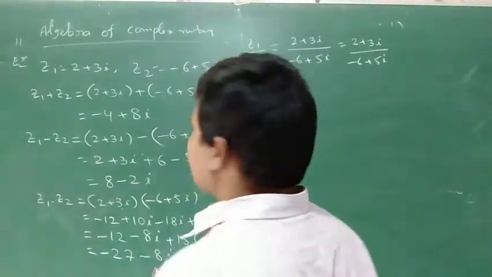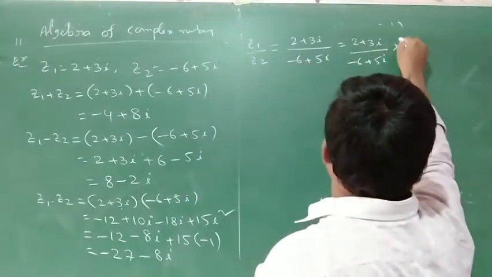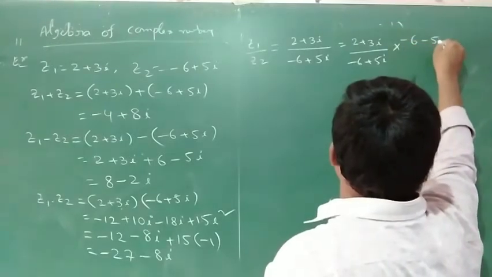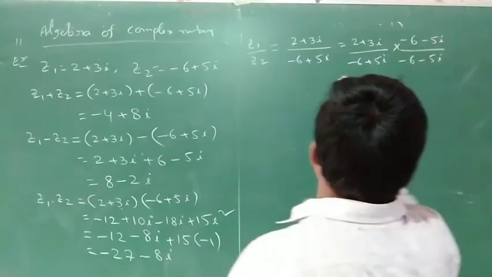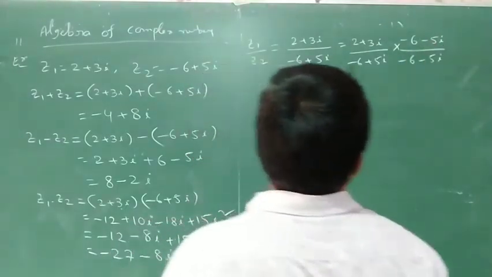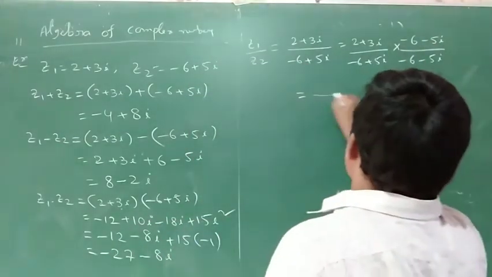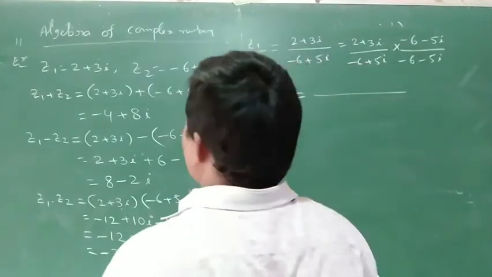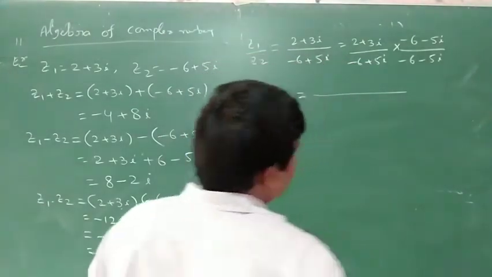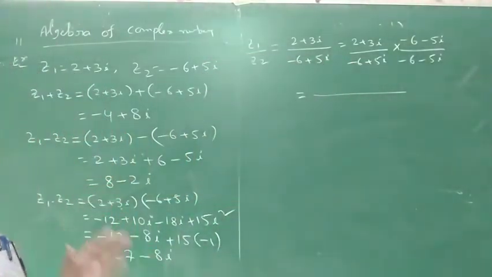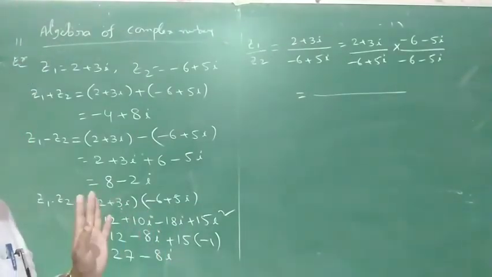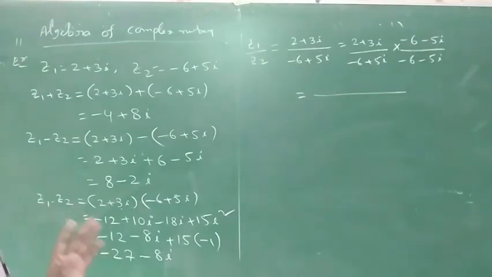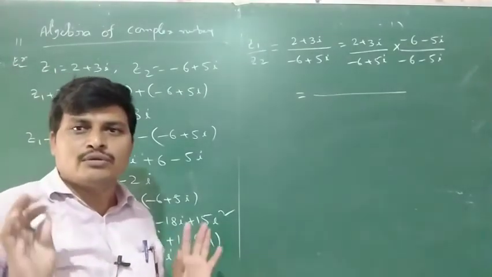Rationalization with minus 6 minus 5i, minus 6 minus 5i. In the denominator, the i and negative root values should not be there.